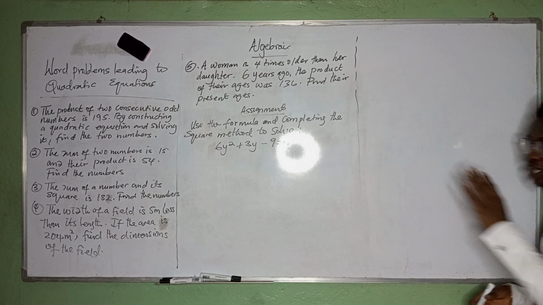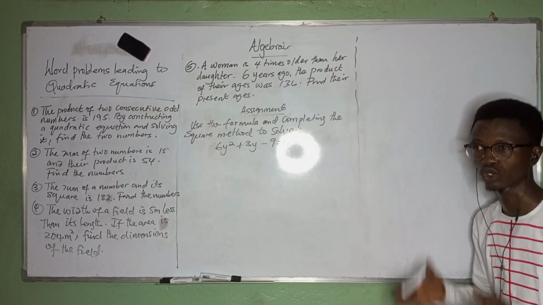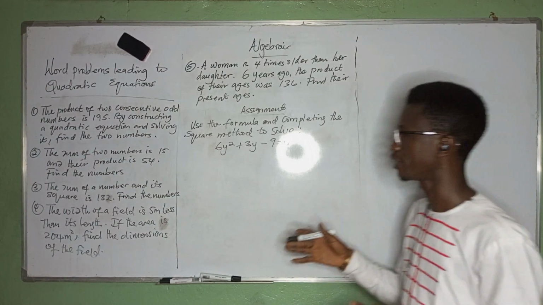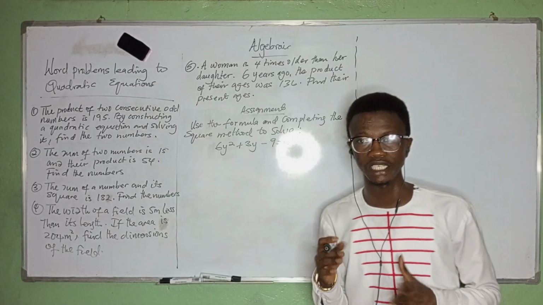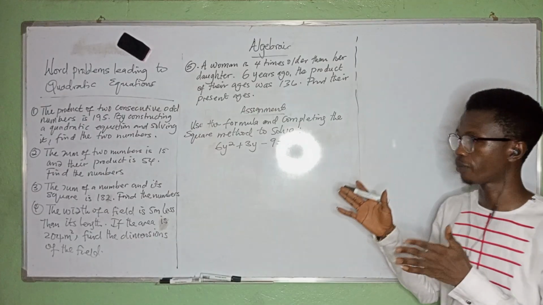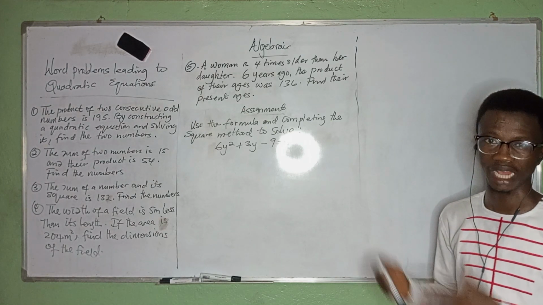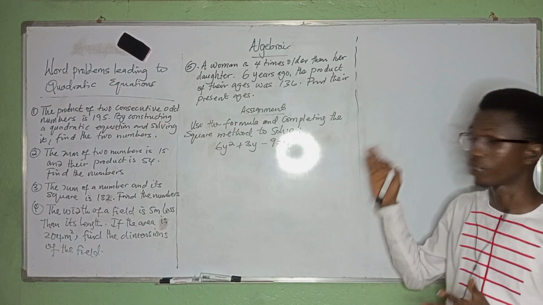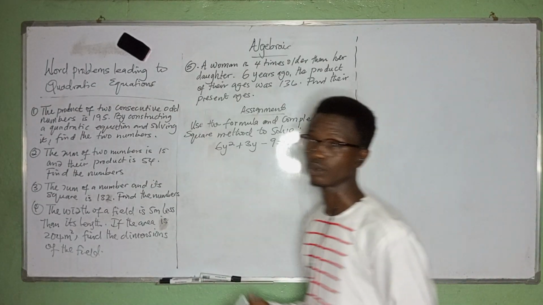I gave this problem and I asked you to solve it using the formula method and completing the square method, because I used the factorization method to solve the problem. So I wanted you to compare with what I have done with the other methods to see whether your answers align with mine.